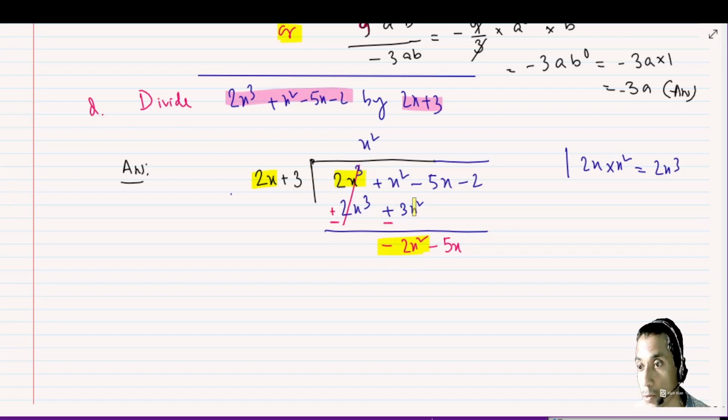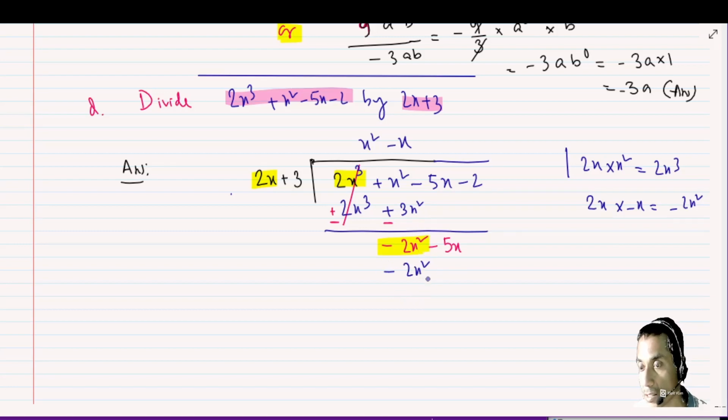So we have to choose what in this quotient, so that after multiplication with 2x we get the minus 2x square. So it will be minus x, because 2x into minus x, if we multiply together, we get minus 2x square. Is it clear?